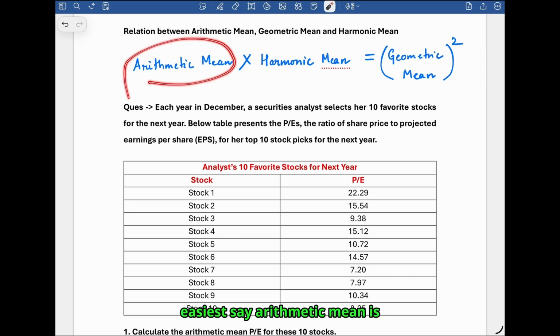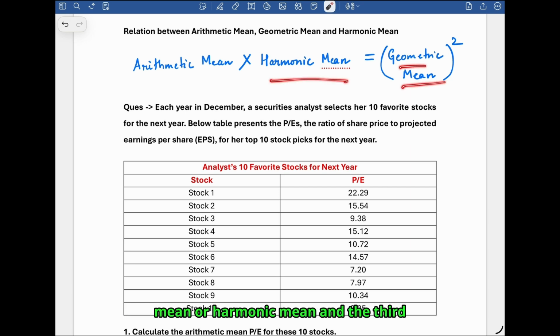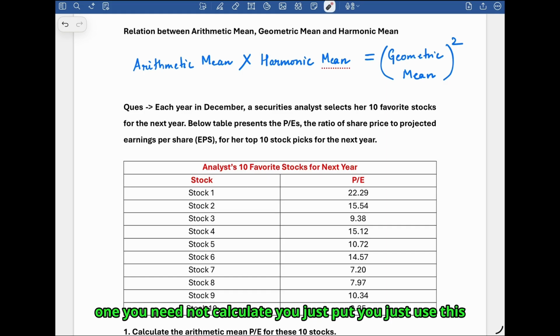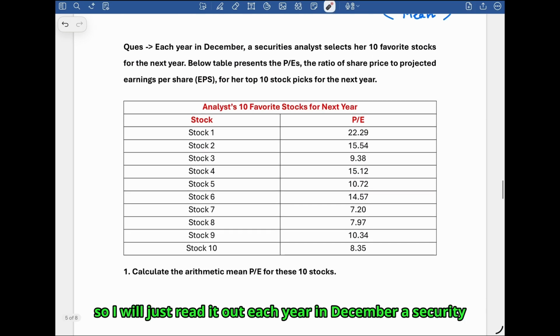Say arithmetic mean is easier to calculate, and you can either calculate geometric mean or harmonic mean, and the third one you need not calculate. You just use this formula and you will get the third mean, either your harmonic or your geometric mean. So let's see the next question. I'll just read it out.